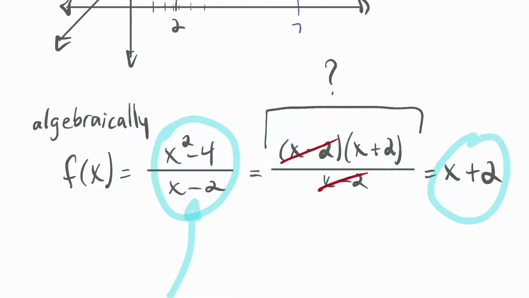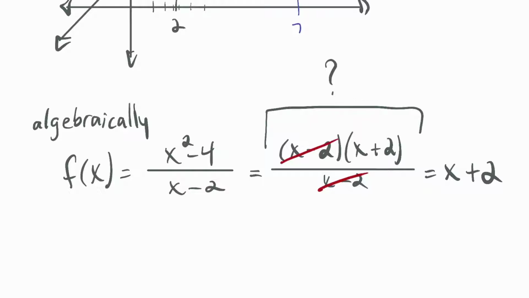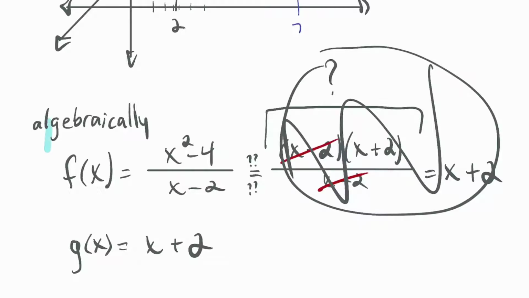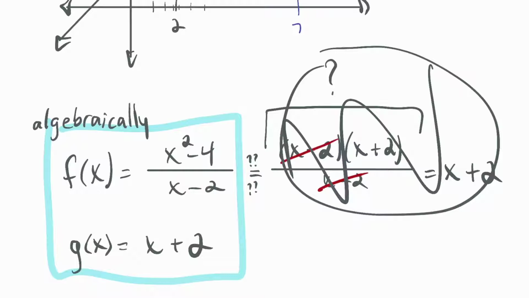So as functions, although we say that these two things are equal, if I say g of x equals x plus 2, and if I ignore all this for a second and just focus on these two guys, these are not the same function. Their domains are different, right? And without examining and simplifying the top function f of x, you might think, oh, those look totally different.